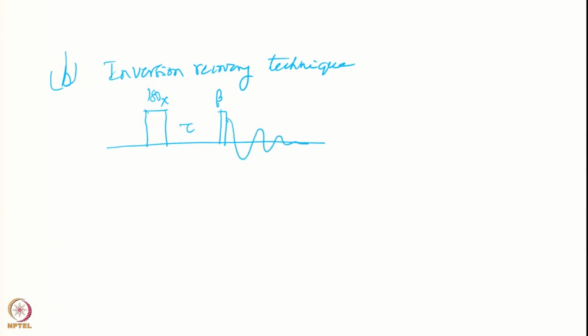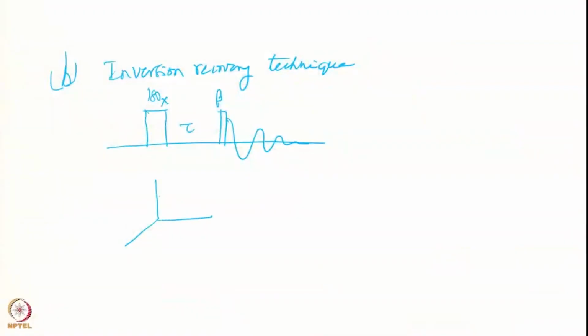How does this work? Let us try to understand this in a vectorial picture. Inversion recovery means 180-degree x plus, meaning what? The magnetization is rotated from here to here, right. Initially magnetization was here and that gets rotated to this point when you have a 180-degree pulse.